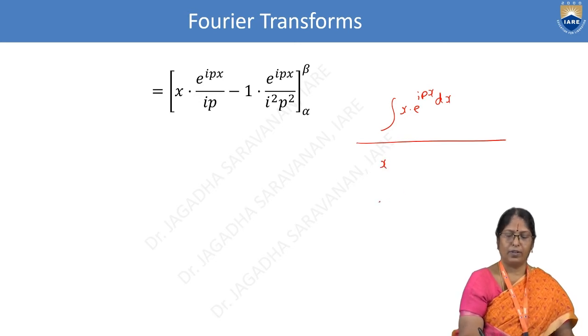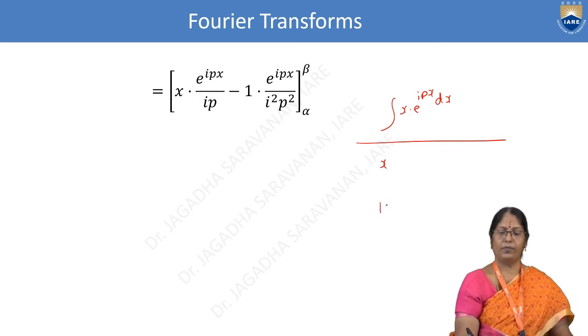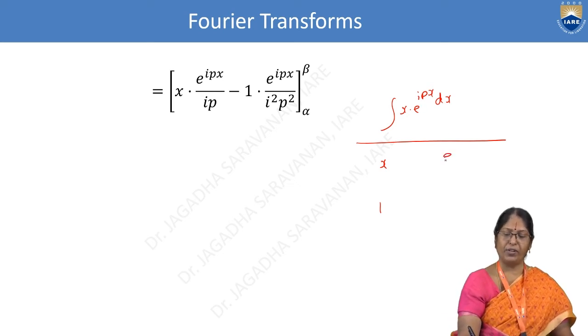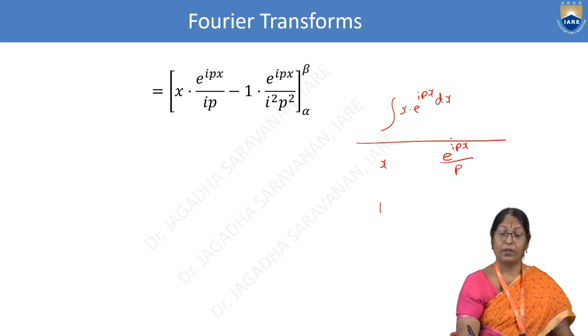X, the differentiation is 1. E power ipx, I will do the integration, that gives e power ipx by ip. This again I will integrate, giving I square p square.